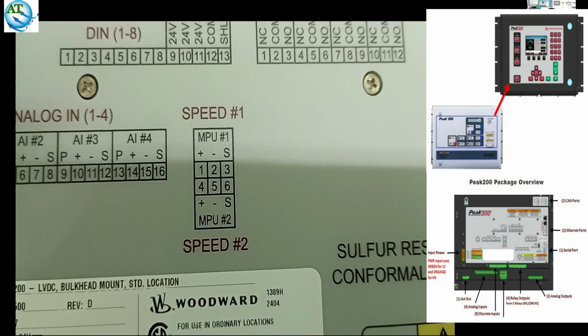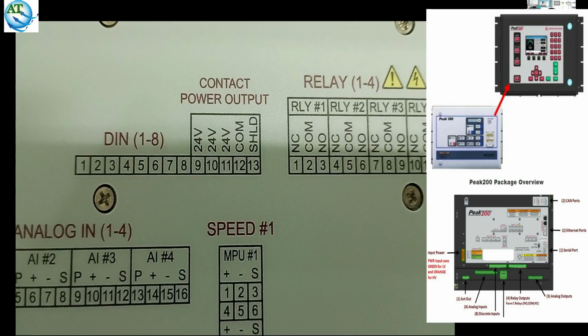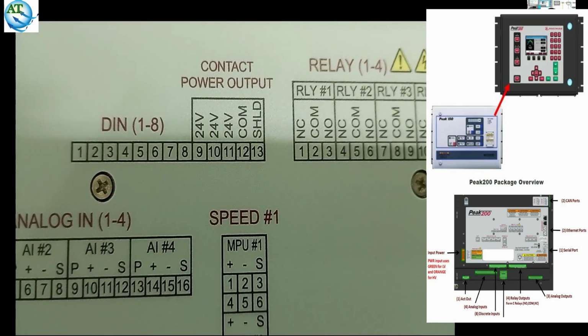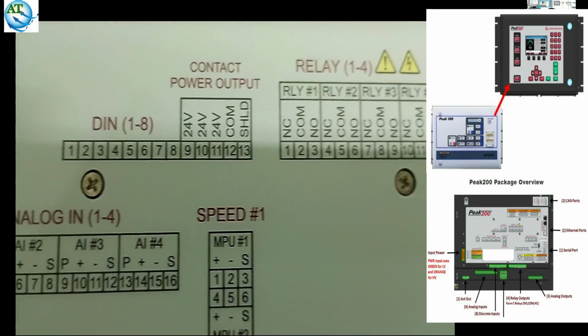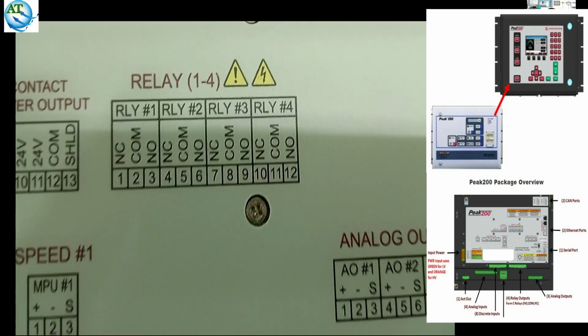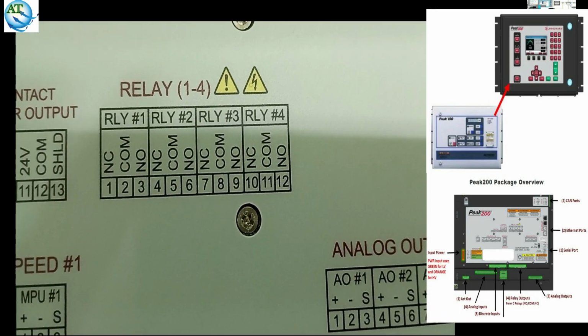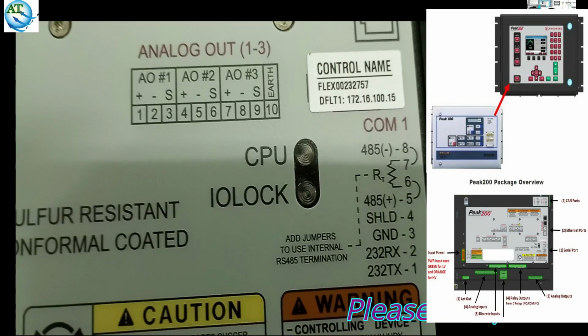Analog inputs, digital inputs, contact power output, and relay output are written directly, but in the Peak150 it shows discrete outputs, discrete inputs, and analog outputs.